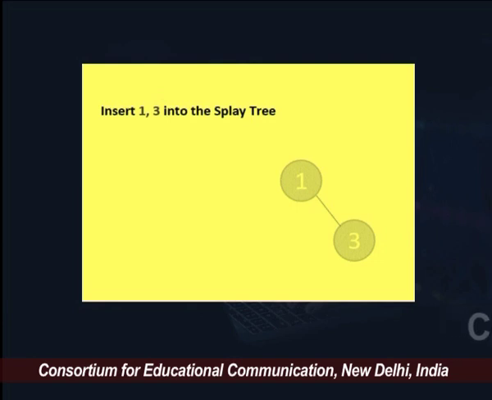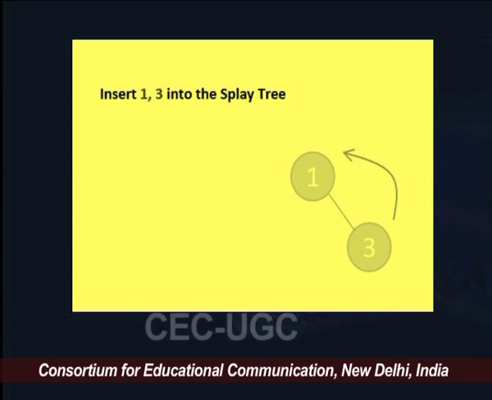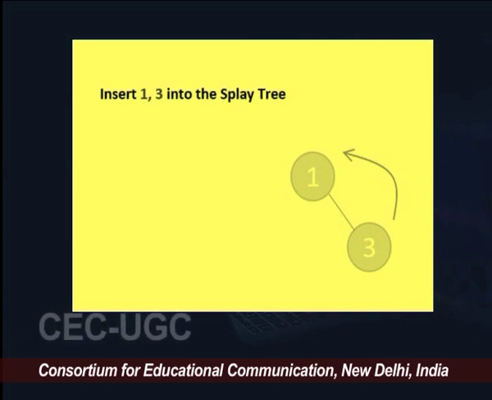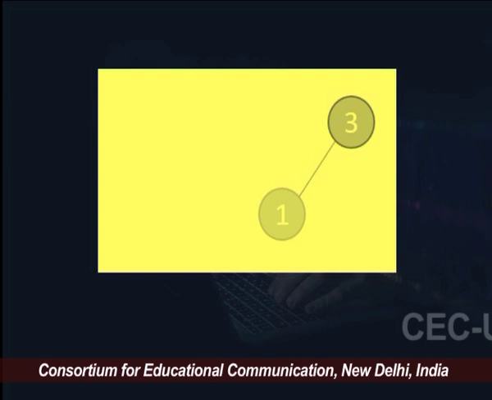As far as splaying is concerned, we need to bring this 3 onto the root of the Splay tree, and for that we need to perform the splay operation, which is equivalent to the left rotation of the AVL tree, which is zag rotation here in Splay tree. We perform this on 3, and hence we are going to have this tree as the resultant tree.